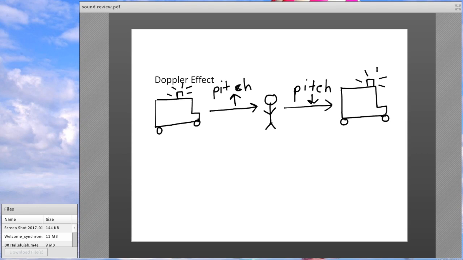Some other things that use the Doppler effect. Scientists actually use the Doppler effect to measure stars and how fast or slow they're moving, and if they're moving towards us or away from us. And they use it with light. The Doppler effect, when you talk about your Doppler radar, right?